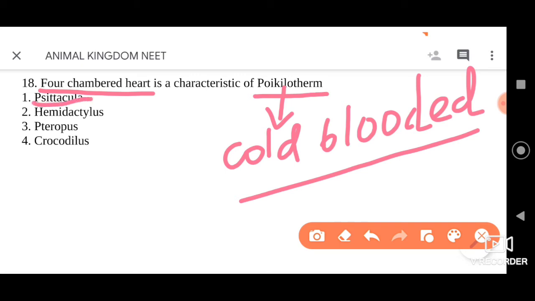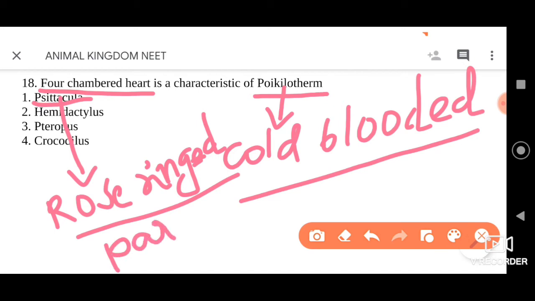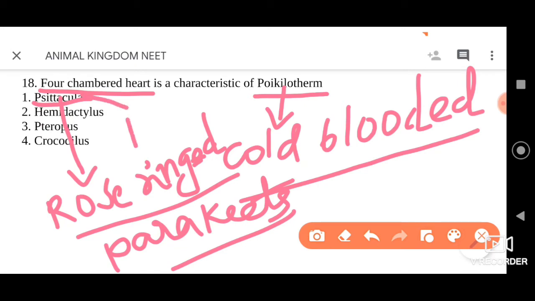First option is Psittacula. So here we know that Psittacula are the group of rose-ringed parakeets. Okay, so here they are homeotherms.